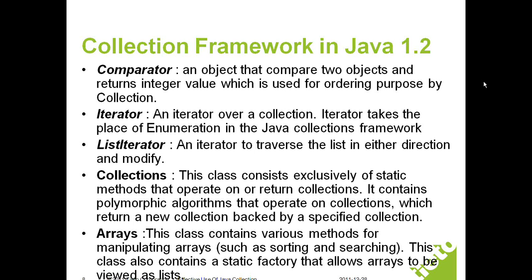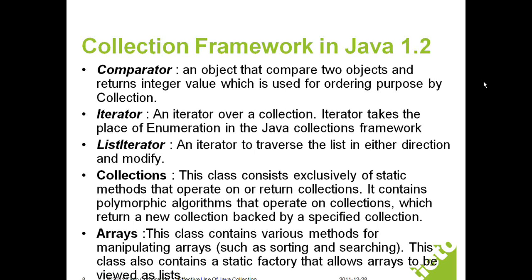The negative value says that the object being compared with another object is smaller. When it returns a positive value, then we can say it is larger. And when it returns a zero, it means equal.